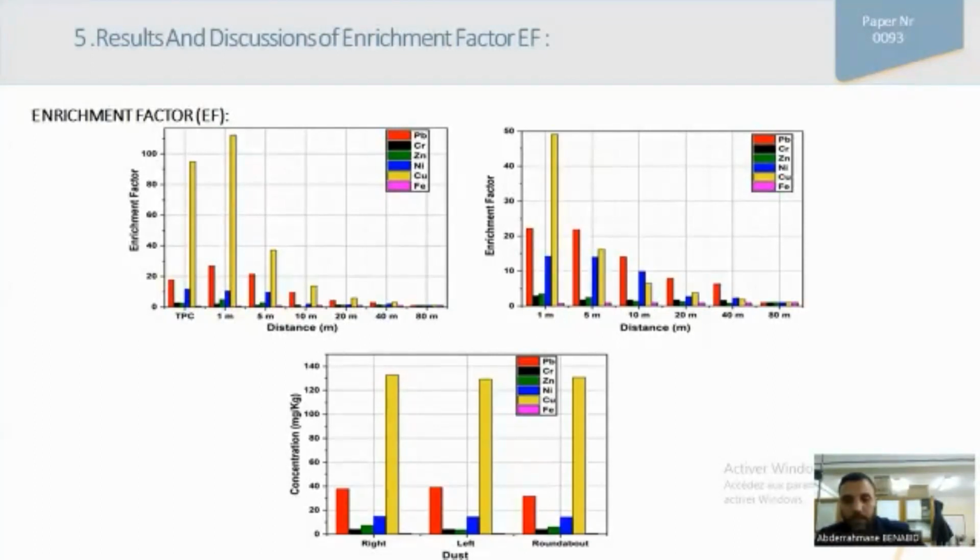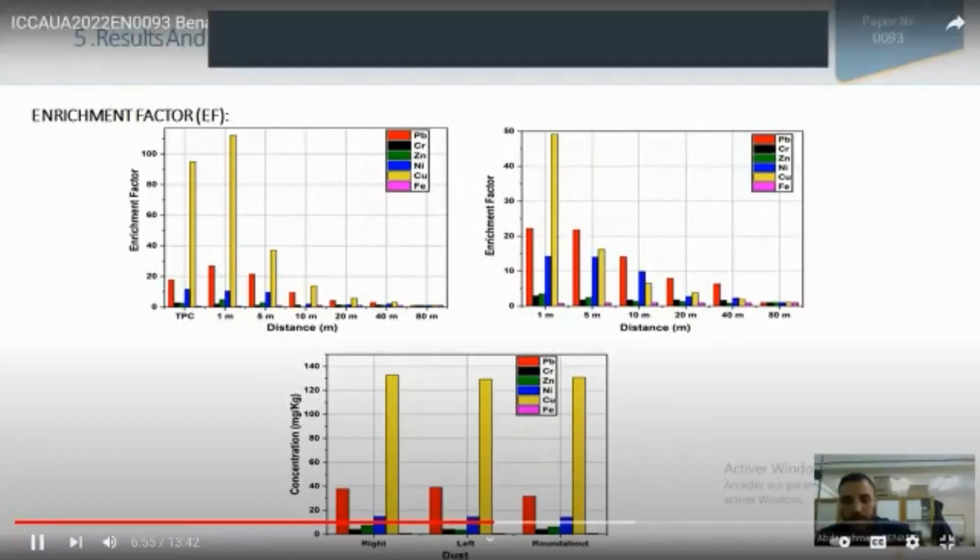For copper, enrichment is extremely high at TPC 1 meter to 5 meters, and significant to moderate at 10 meters, 20 meters, 40 meters, and minimal at 80 meters. For nickel, enrichments are significant at TPC 1 meter, 5 meters, or 10 meters, and moderate at a distance of 20 meters or 40 meters, and minimal at 80 meters.